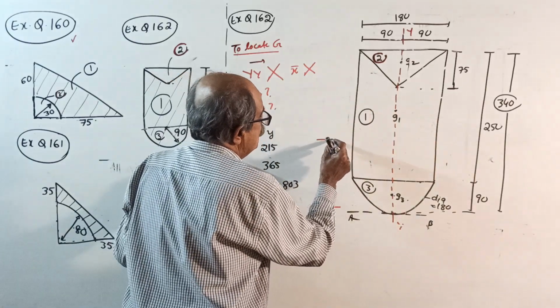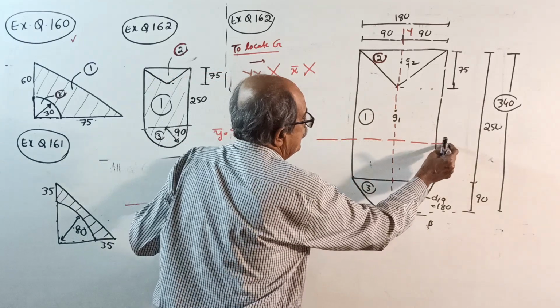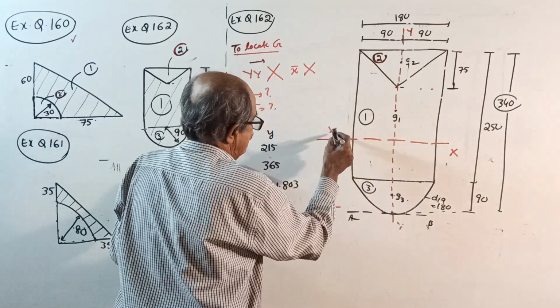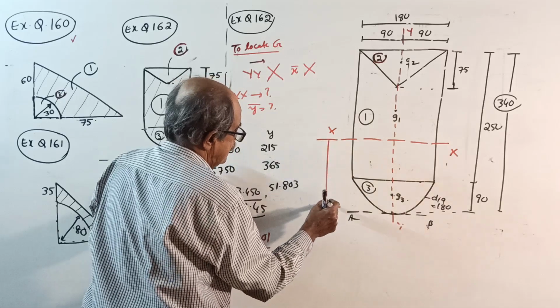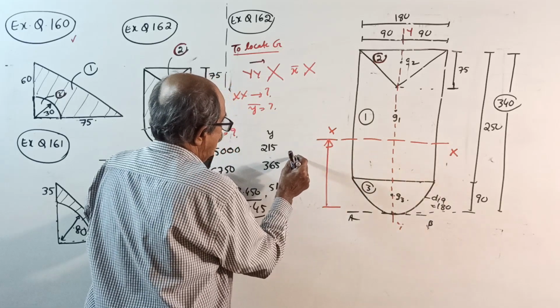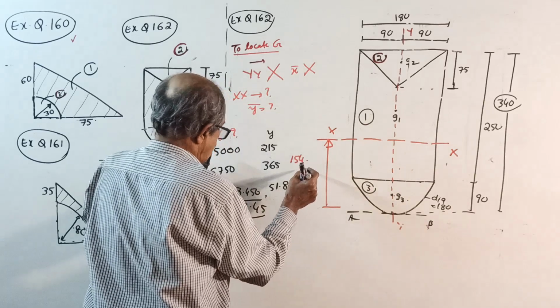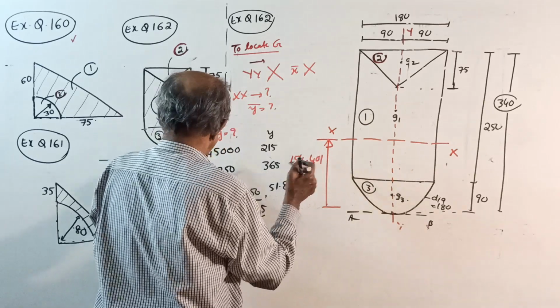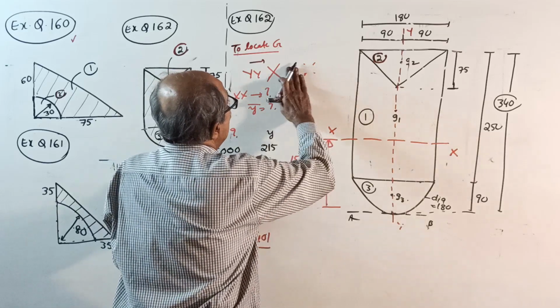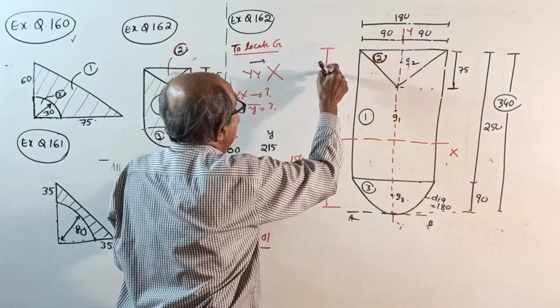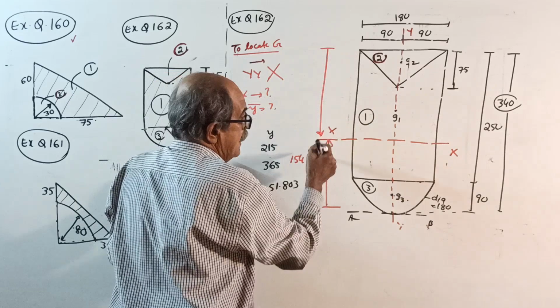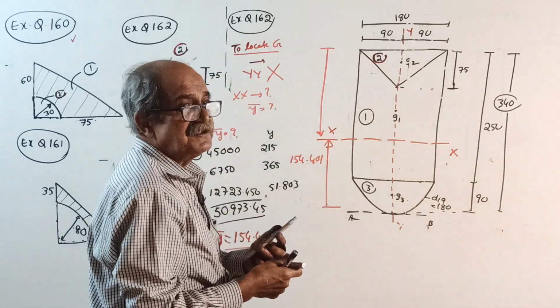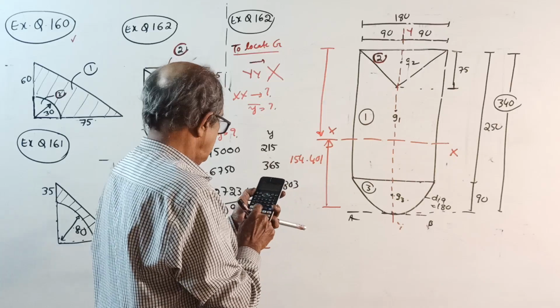So from the bottom, 154.401 means the center here is 90 plus 125 is 215. 154, see, a little down. X-axis, from here to here is 154.401. Now, therefore, from top it will be, I will do one thing now. I have not checked it properly. I will recheck once again, from that side.